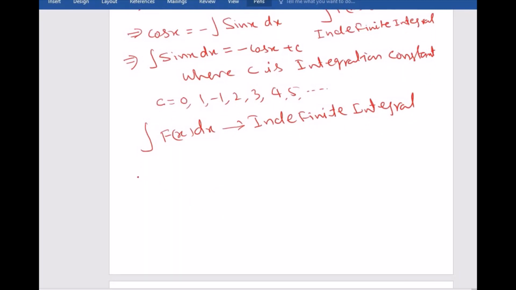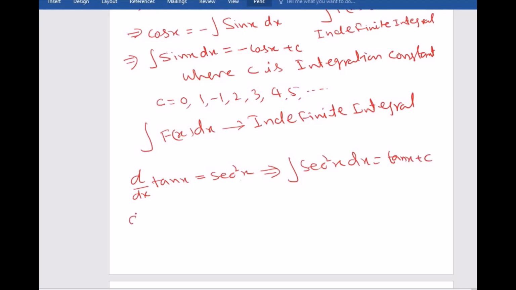If I say d/dx of tan x is sec square x, use the opposite, so the integration of sec square x dx is equal to tan x plus c.